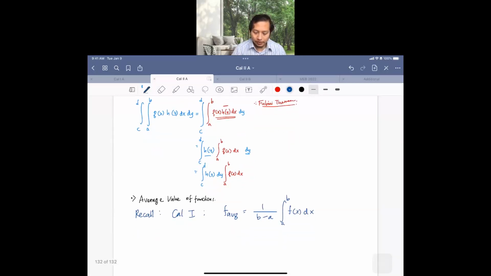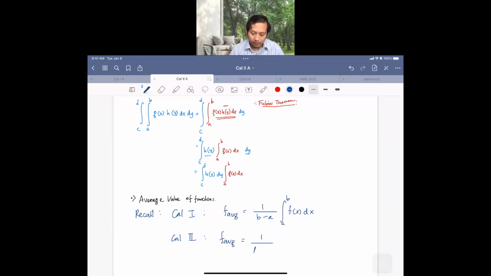Now the average value in calculus 3 should have a similar structure. That is, it will not be b minus a, but the area.